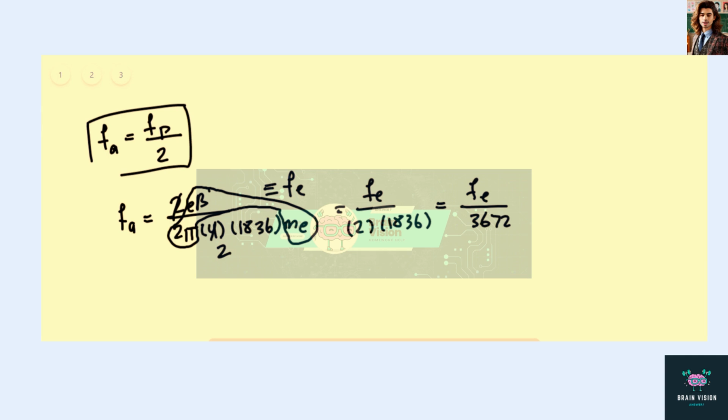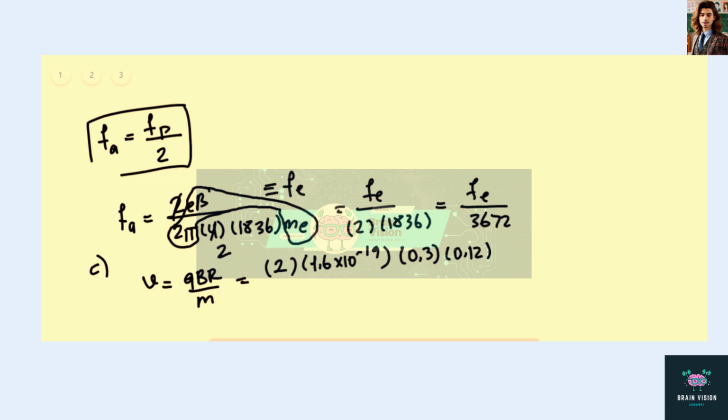Now in part C, we are asked to calculate the speed. Again, from the equation that we established on the first page, qBr over m. For q, we have 2 times the proton's charge, which is positive, so the B field is 0.3.